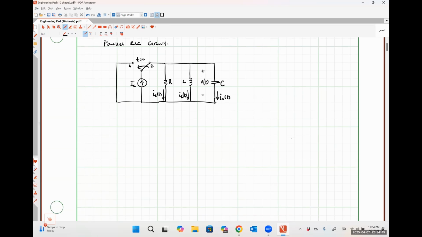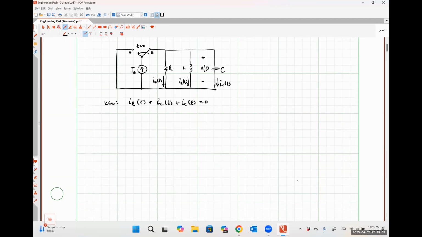And I applied Kirchhoff's current law to find that IR plus IL plus IC was equal to 0. I substituted in relationships only in terms of that voltage V that was common to everything.